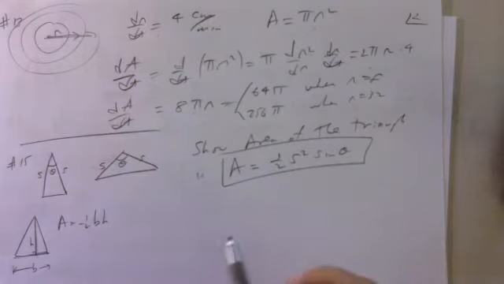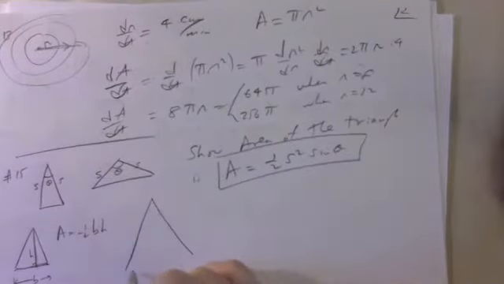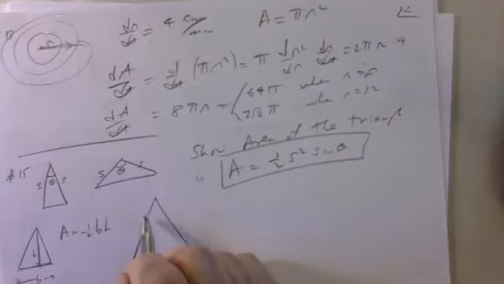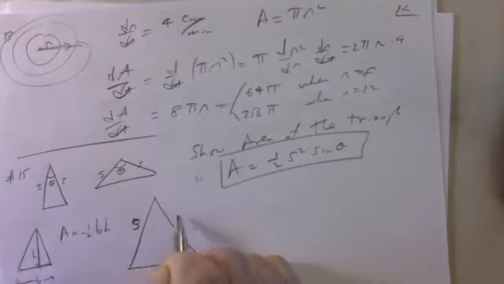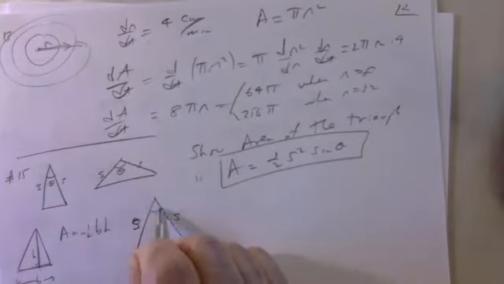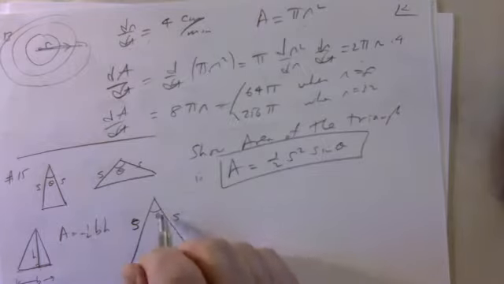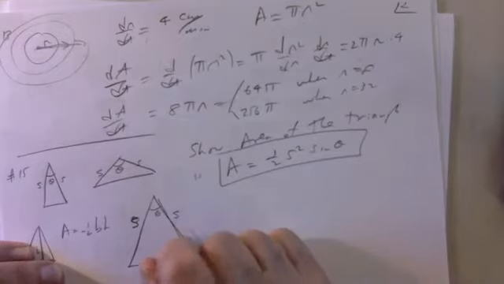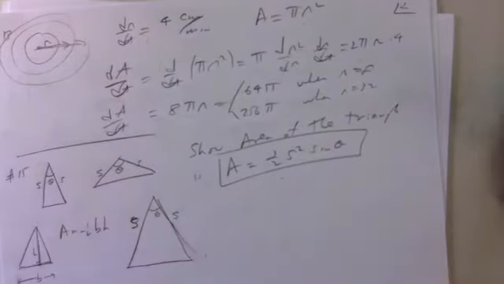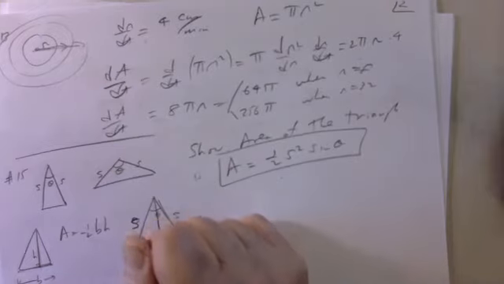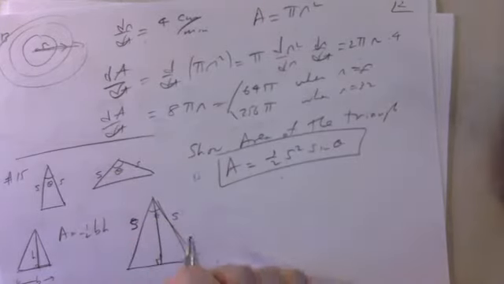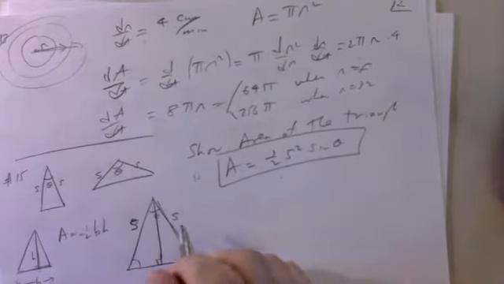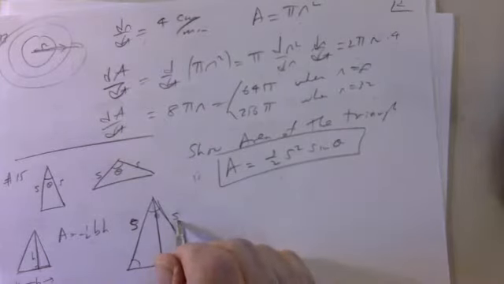Well, let's blow up our picture a little bit. So here's my isosceles triangle. This side is S, this side is S. This angle is theta. Now, in an isosceles triangle, when you drop the perpendicular to the base, this angle is equal, this angle is equal, this side equals this side.